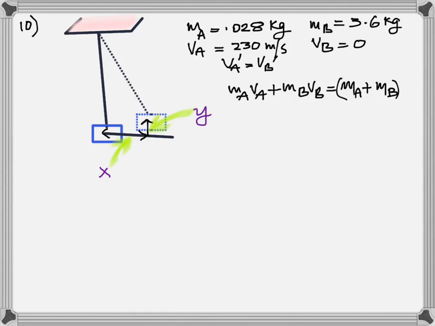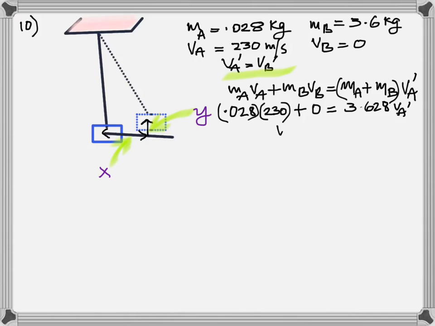So they become one object. Their masses are added together and you calculate the velocity.